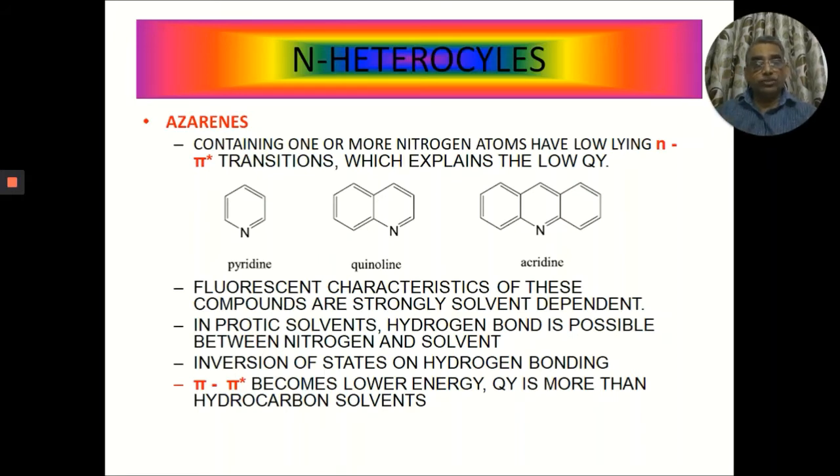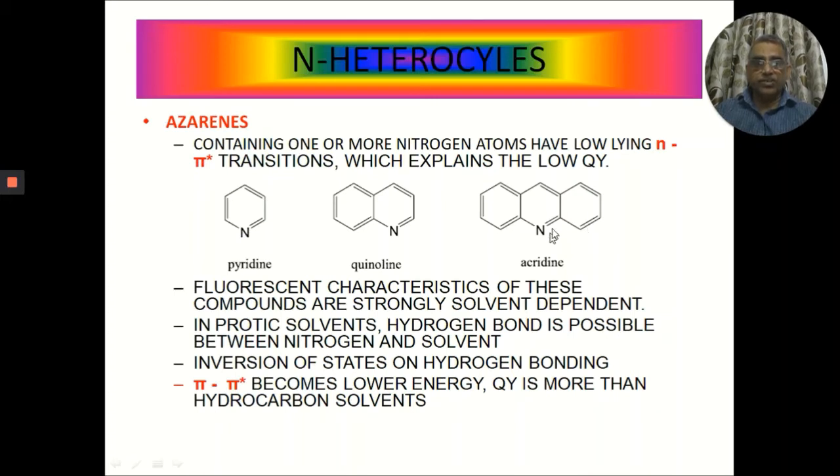So this explains why these nitrogen substituted heterocycles show a lower quantum efficiency. Moreover, the fluorescent characteristics of all these compounds are strongly solvent dependent. Protic solvents always have the possibility of forming a hydrogen bond with the lone pair of electrons present on these nitrogens.